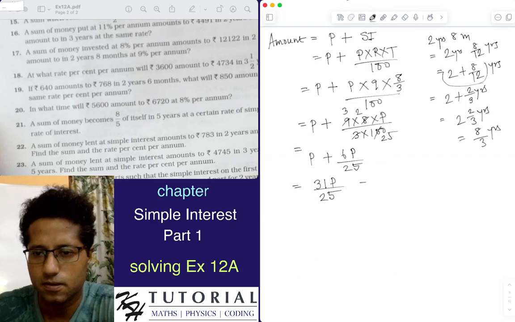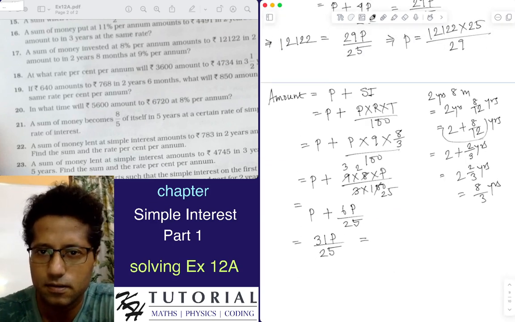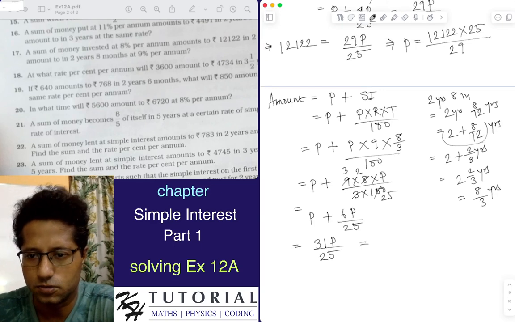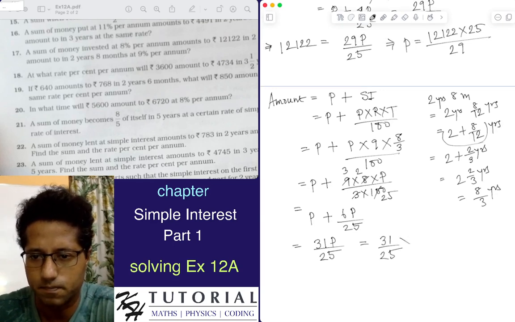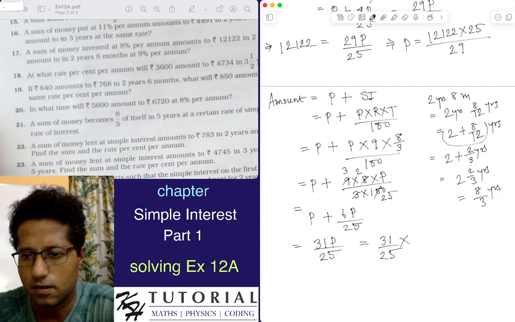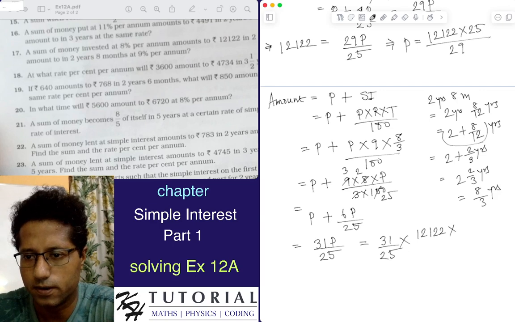And now P we already found earlier, so this is 31 by 25 multiplied by P, which we earlier found to be 12,122 into 25 divided by 29.